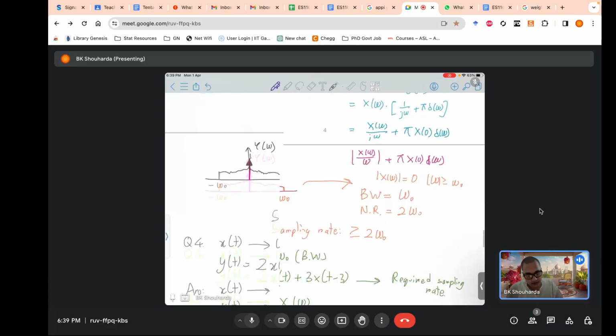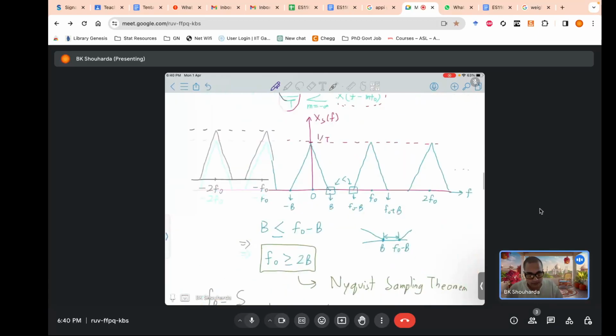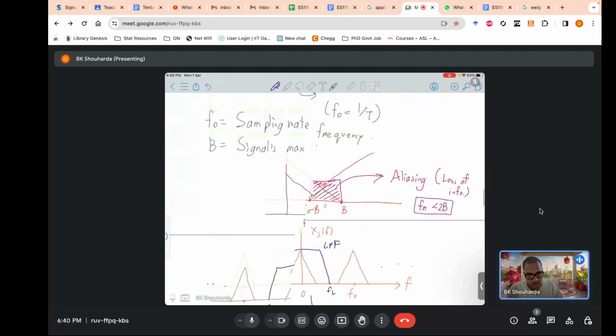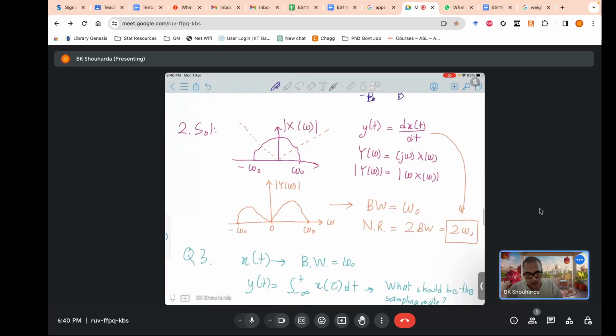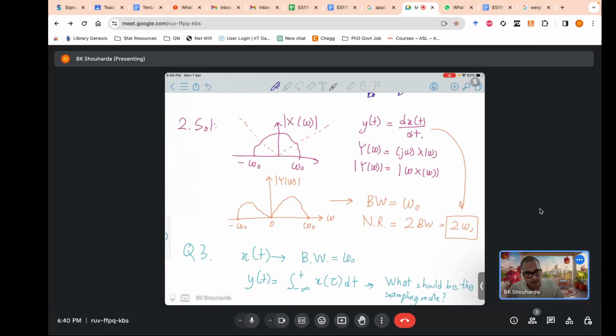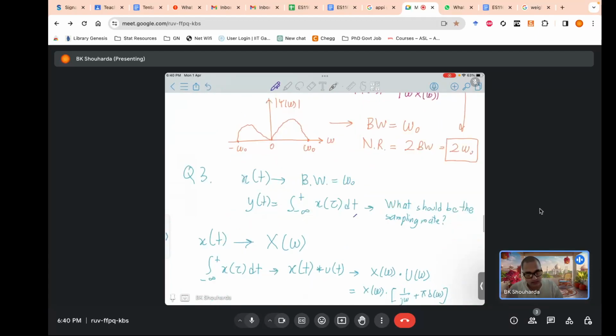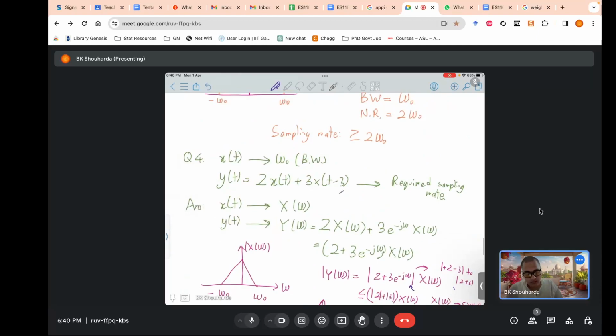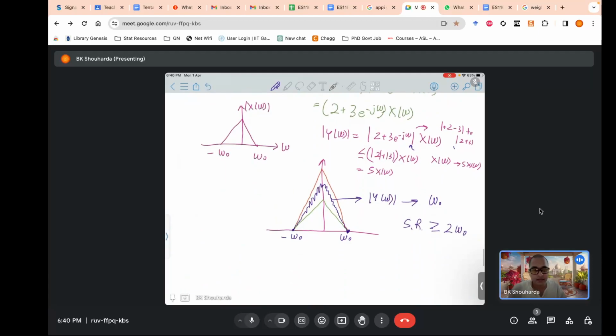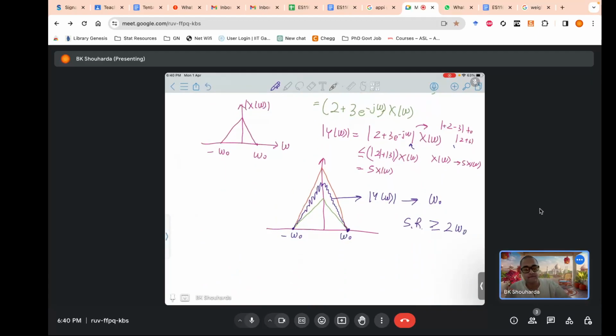So you see in all the cases, irrespective of the kind of operation that we have done, be it the derivative, the integral, the addition, shifting, or linear combination, we get the sampling rate to be 2 omega naught. But that may not be the case always. There might be other cases like modulation, multiplication, convolution. In such cases you are very likely to see a different sampling rate.